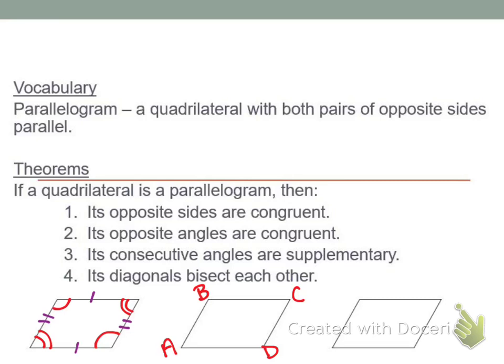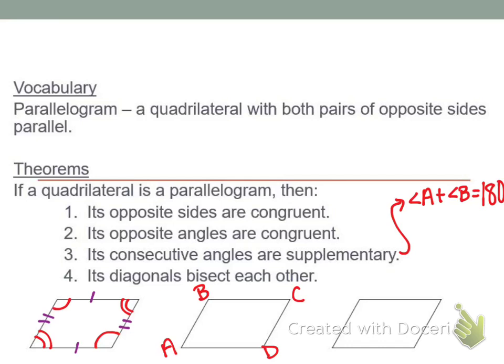So for consecutive angles to be supplementary, if I were to add angle A plus angle B, it should add up to what? 180.